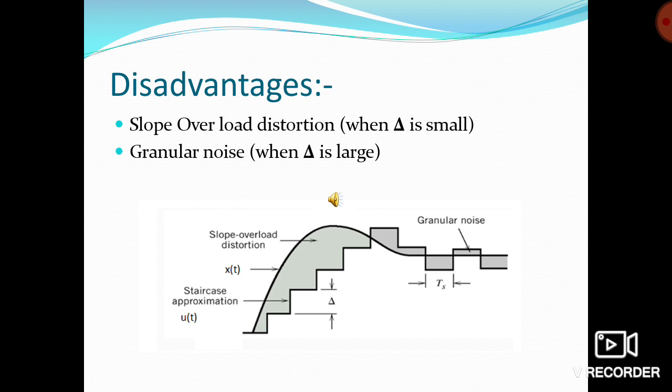When the input signal is almost flat, the staircase signal u(t) keeps on oscillating by plus or minus del around the signal. The error between the input and approximated signal is called granular noise. The solution of this problem is to make the step size small.